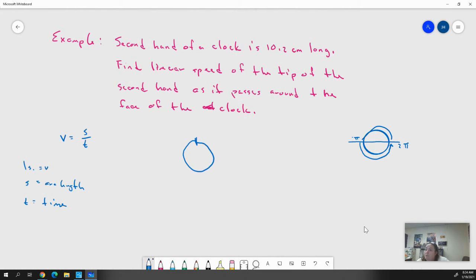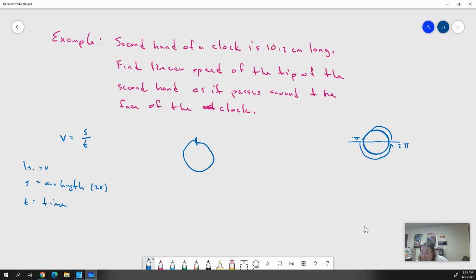If we're talking about the linear speed it takes to get from here to here, we are talking about an arc length in this case of 2 pi. The distance all the way around a circle is 2 pi, or 2 pi r.